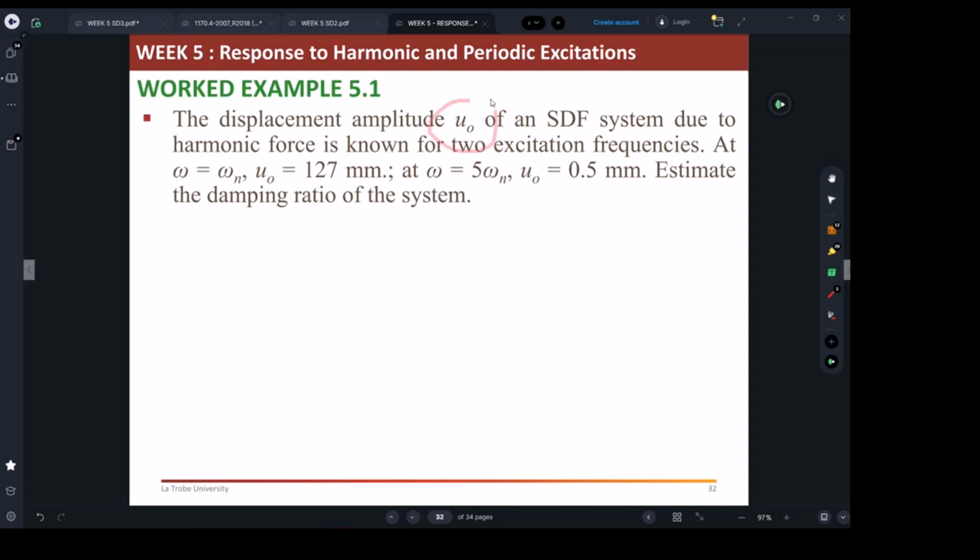So from the character here, we can know it is dynamic, due to harmonic force known for two excitation frequencies.